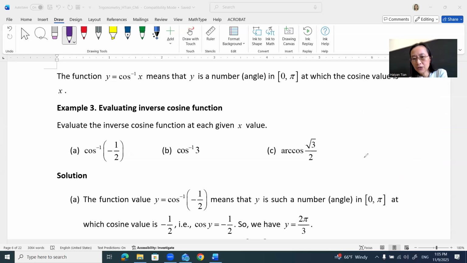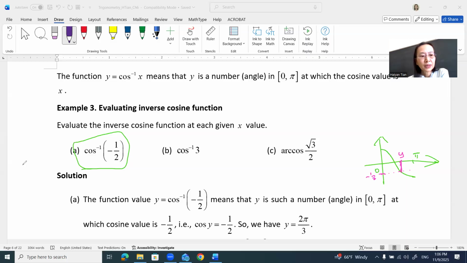If you want, you can even do a quick sketch for this. So you're using the cosine instead of the cosine inverse. Think of cosine over this interval from 0 to pi, and you want to locate when this cosine value is negative half. That is the certain y you're looking for. But if you think positive half is easier, then which y has cosine positive half?